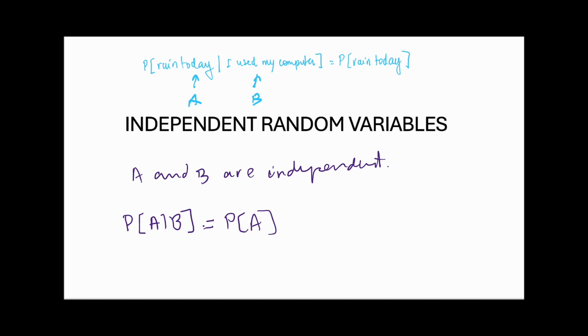Now we are using random variables. Say that X represents the rain today, and Y represents the use of a computer. For example, Y could be 0 if you use the computer, 1 if you didn't use the computer. And again, X could be whether it's going to rain or not.